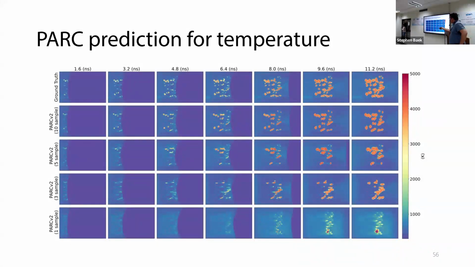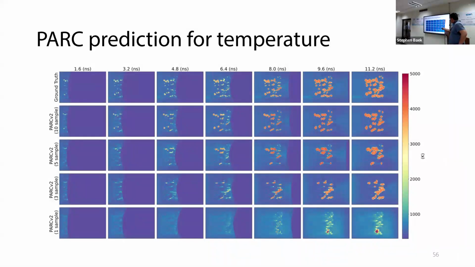Versus if you train the model from scratch, here with only one large scale sample, since the model does not know the actual dynamics, it fails to predict the formation of the hotspots very well.